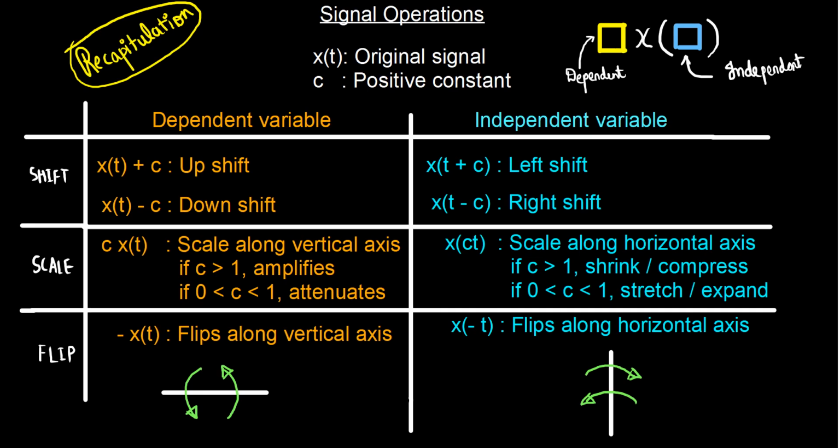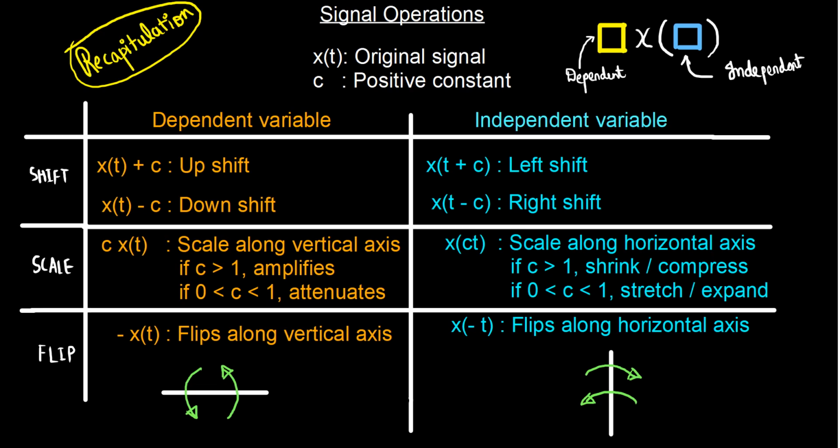If we play with the dependent variable, we make the changes to the amplitude. For example, if you want to shift the signal upwards or downwards, that means we are playing with the dependent variable. We represent that as x of t plus or minus c.